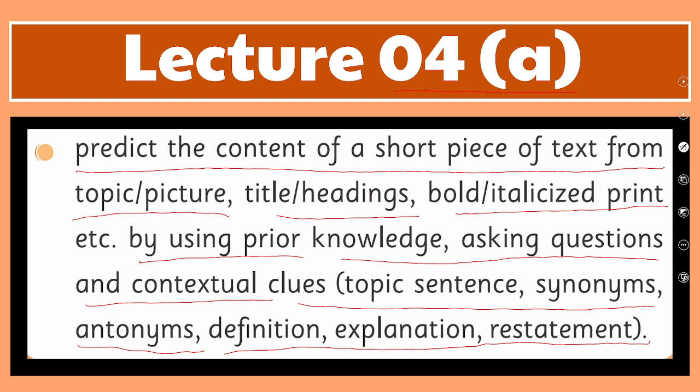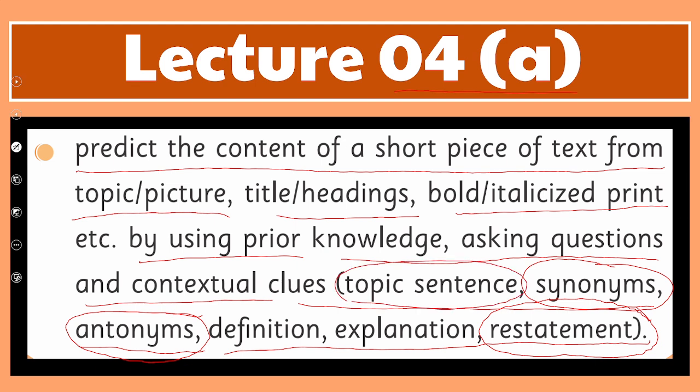Students, we have already learned about predicting the content. In this chapter we will address this SLO by seeking how to restate something, what synonyms and antonyms are, and how using synonyms and antonyms we can change topic sentences, or change the title of the chapter, or restate some sentences. This is what we will learn in this lecture.